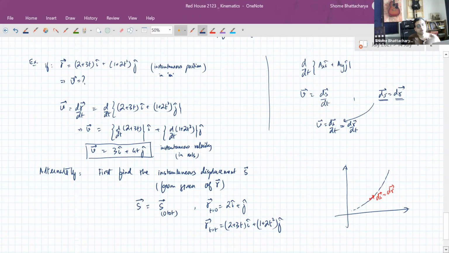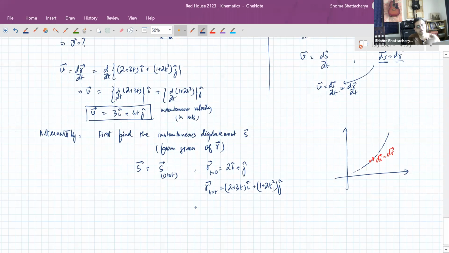Okay. So now my displacement, which is basically from 0 to t, this is the instantaneous displacement. That will be the position at time t minus the initial position where it started from. So you have to just subtract these two vectors. Okay.